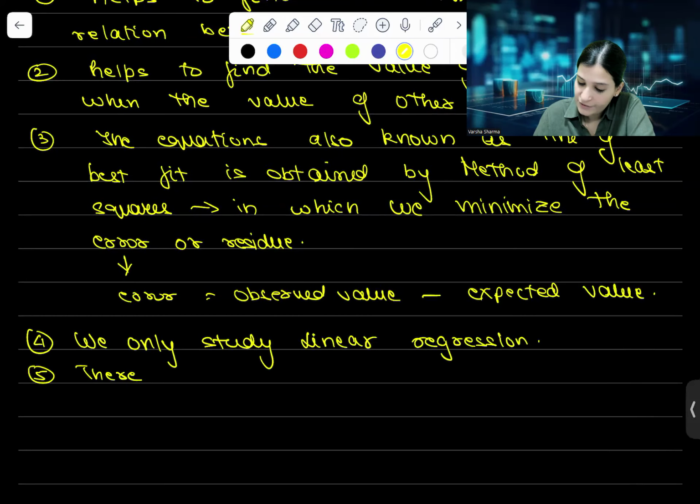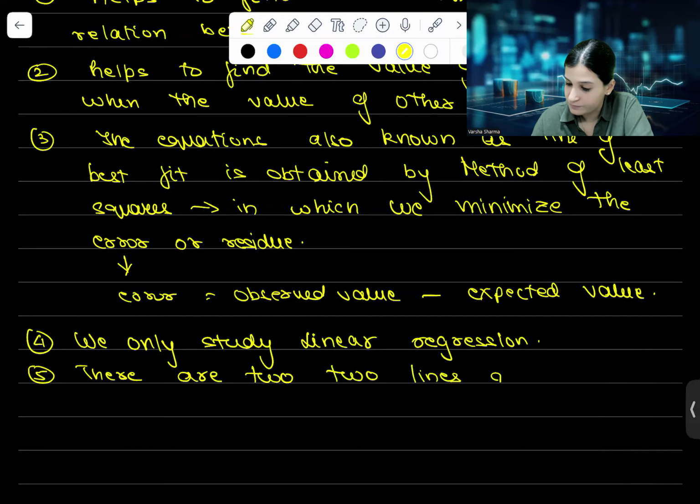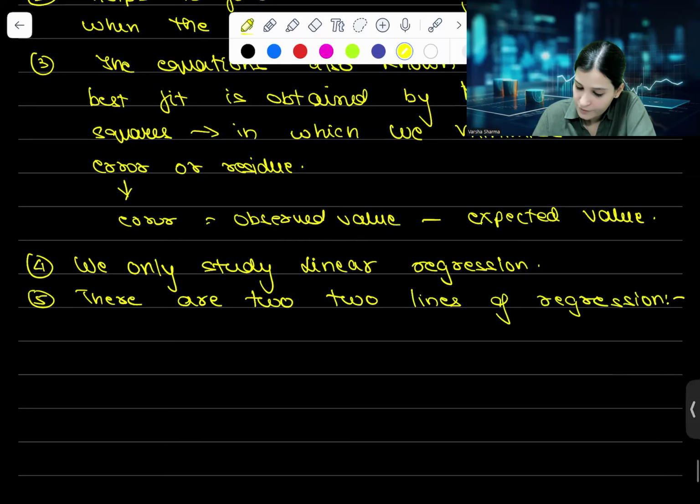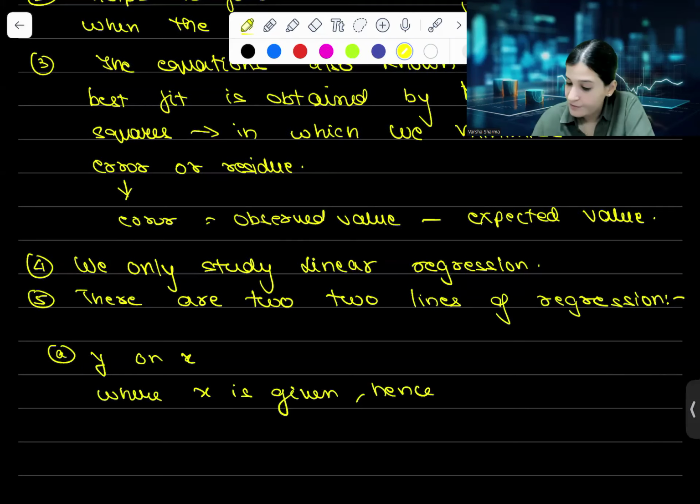There are two lines of regression. First, y on x, where x is given, hence the independent variable.